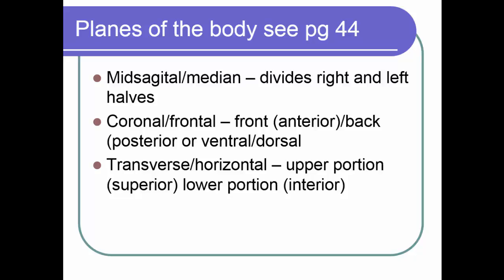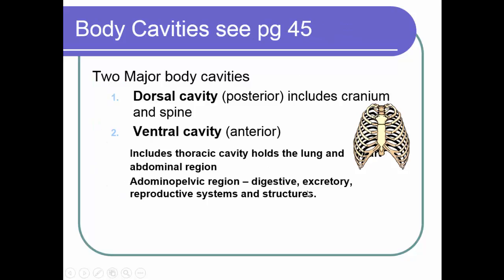And also we can describe that as ventral being the front side and dorsal being the back side. The transverse or horizontal plane divides the body into an upper portion and a lower portion. So the upper portion is now referred to as the superior aspect, and the lower portion, the inferior aspect. There's a little typo there.